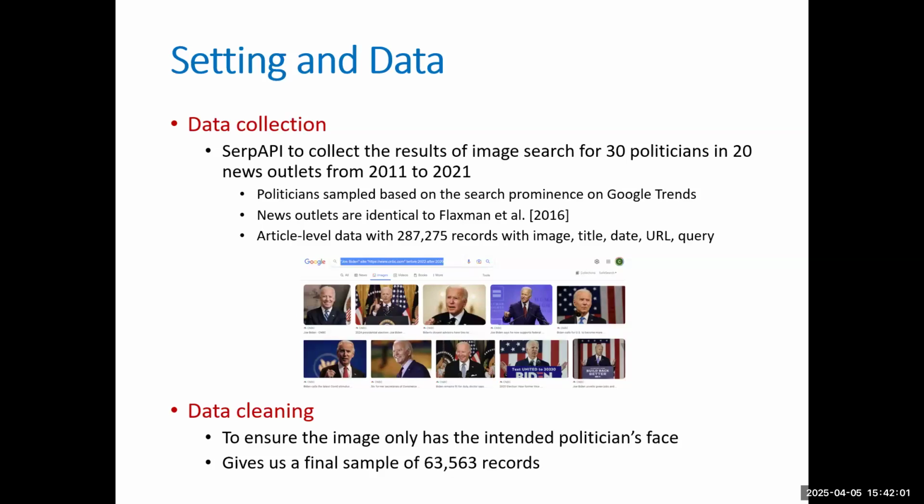One of the big challenges here is you need to clean this data. Most of the things that we get have multiple faces, some irrelevant faces, or no faces at all. So we restrict it to images where we only have the intended politician's face. And it gives us over 63,000 records.